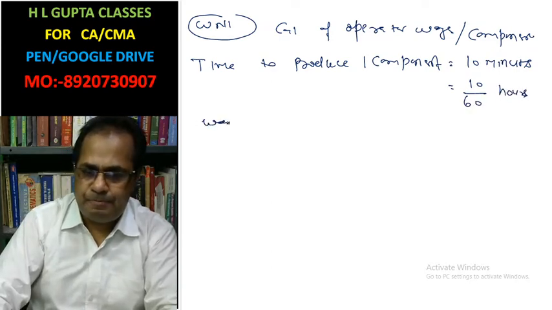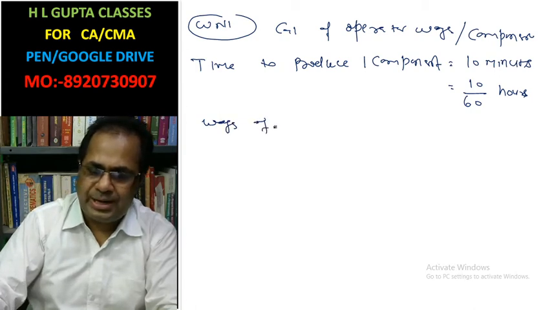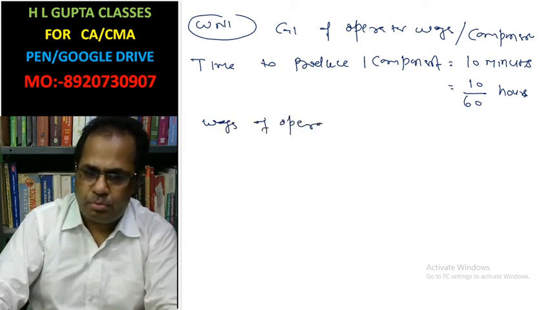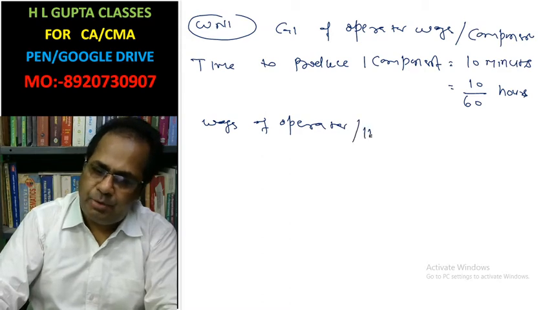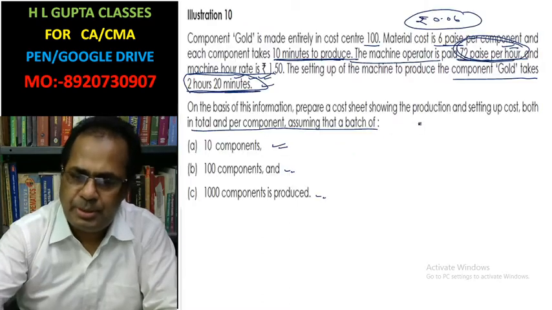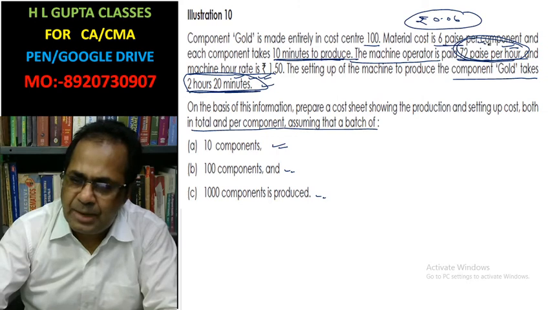Wages of operator per hour. What is given per hour? 72 paisa per hour.